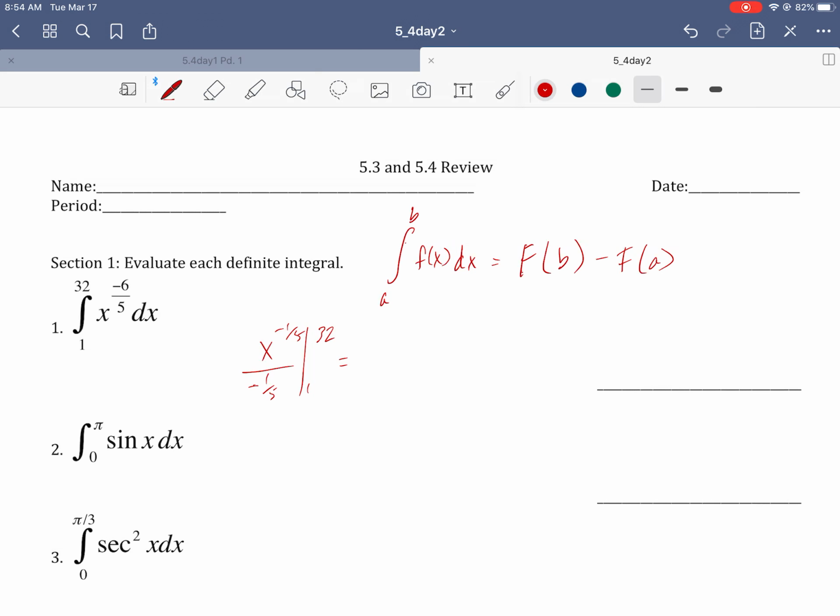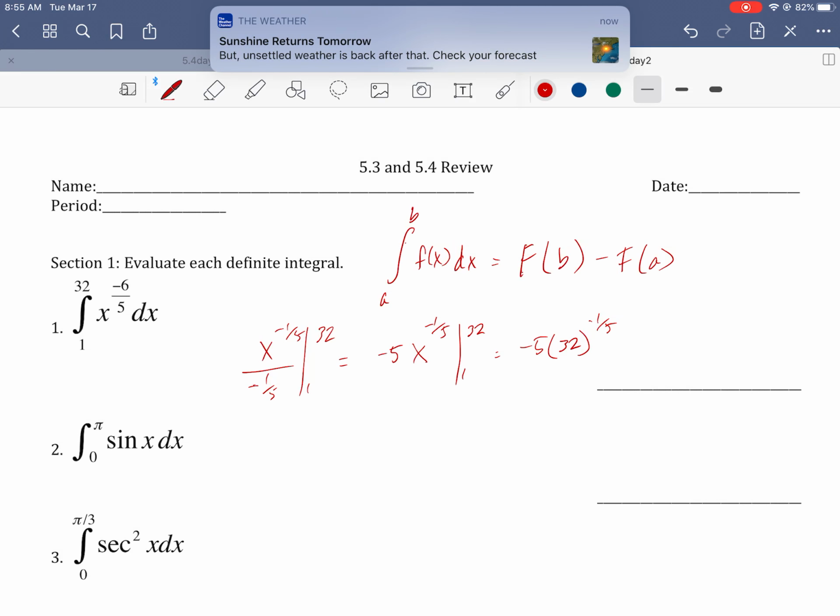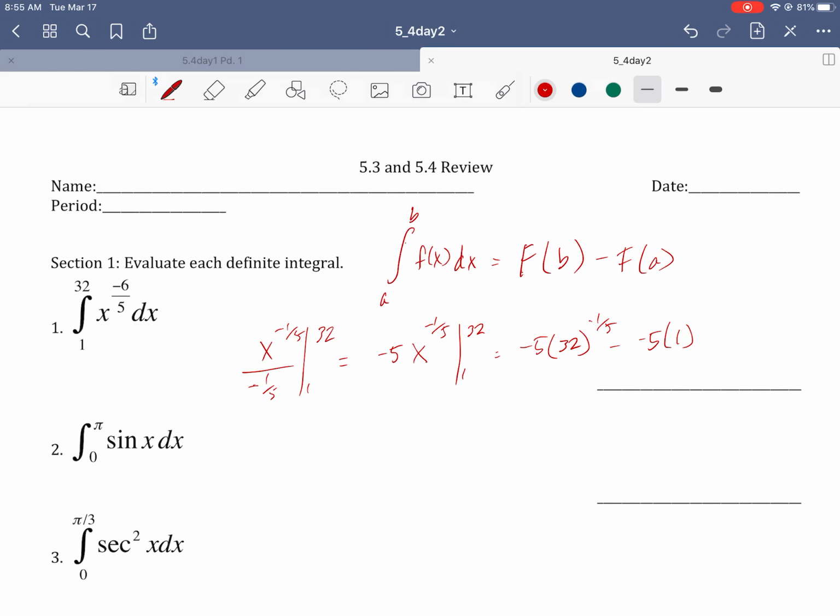Plug in 32 first. Before I do that, I'm going to clean this up. Dividing by negative 1/5 is the same as multiplying by negative 5. So then I'm doing negative 5 times 32 to the negative 1/5 minus negative 5 multiplied by 1 to the negative 1/5.